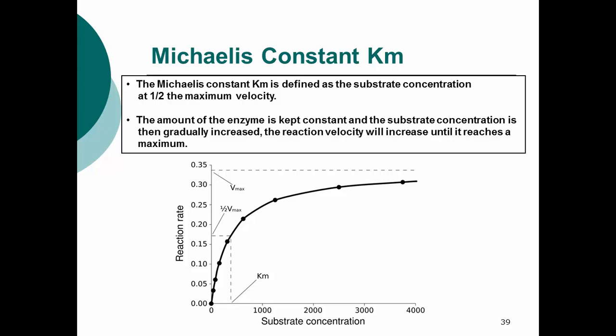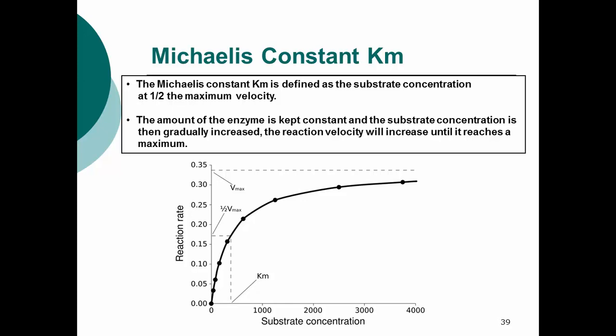So, Michaelis constant, Km. Have you guys learned this before, right? Km is usually defined as the substrate concentration at the half maximum velocity, right?